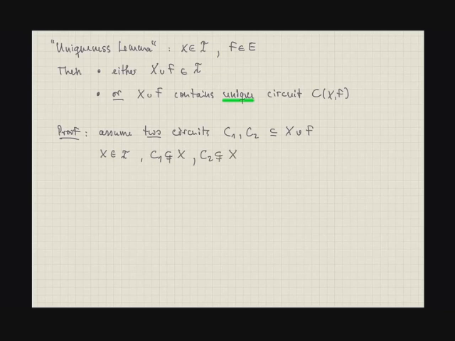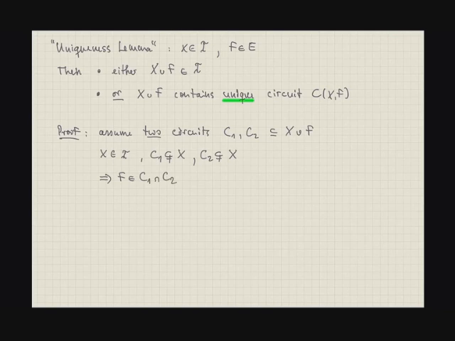So they are not contained in X, and therefore the only possibility is that these circuits must contain this new element F. So F is contained in C1 and in C2.